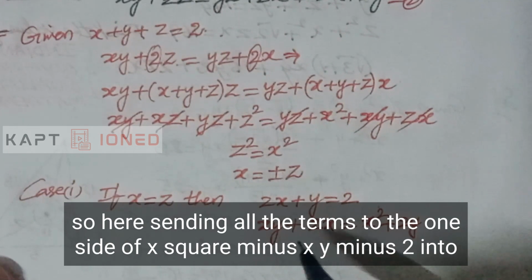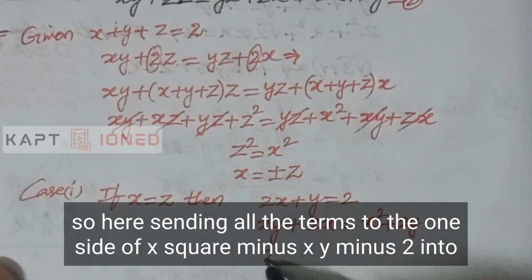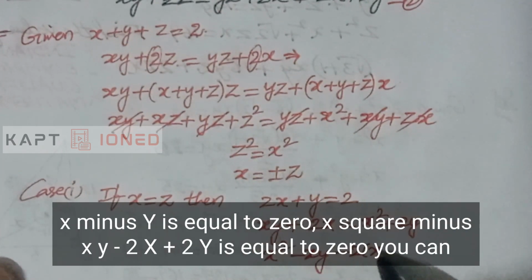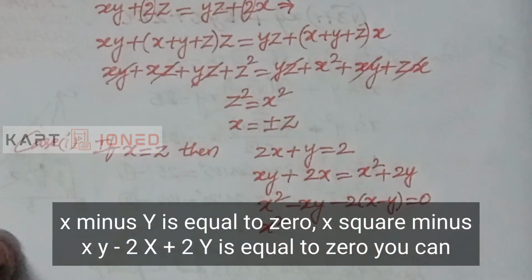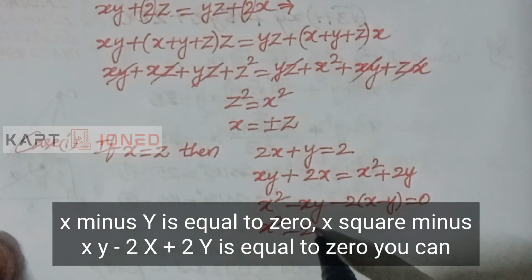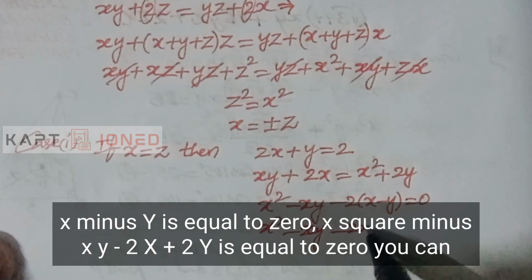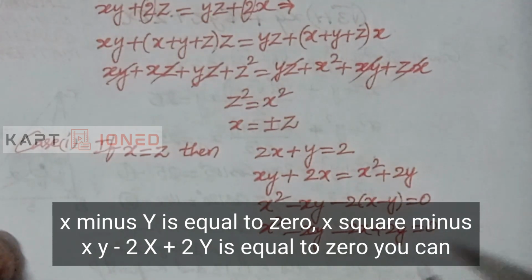So here sending all the terms to one side: x square minus xy minus 2 into x minus y is equal to 0. So x square minus xy minus 2x plus 2y is equal to 0.